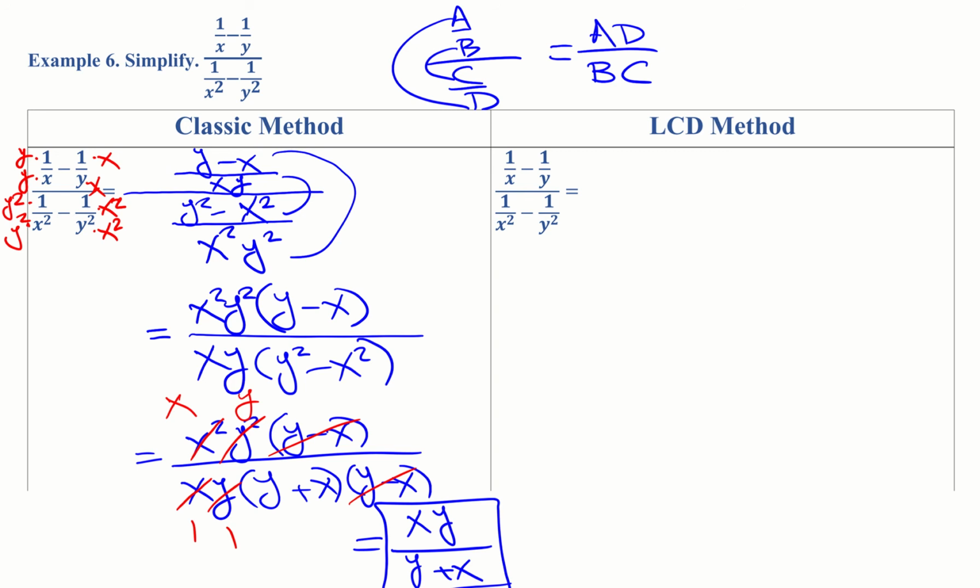All right, so let's go ahead and use the LCD method. Remember, for the LCD method, you have to find the LCD of all fractions or all terms involved. So we have x, y, x squared, and y squared. What's the LCD? Remember the procedure for LCD. Once everything is factored out, you multiply the highest powers of all factors to get the LCD, which is the LCM of all the denominators.